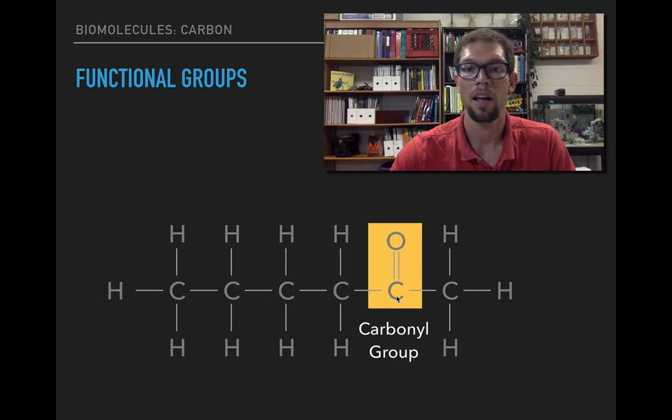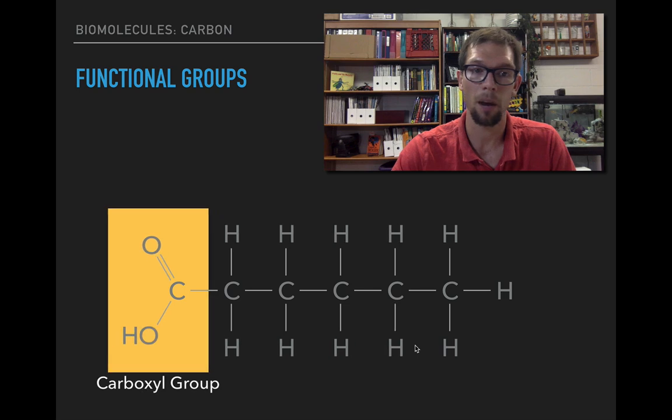So if the carbon is double bonded to the oxygen in the middle of the molecule, you would have a carbonyl group. Now if you take the carbonyl group and the hydroxyl group and throw them together, so you have the double bonded O over here and you have the OH, you can have a carboxyl group.